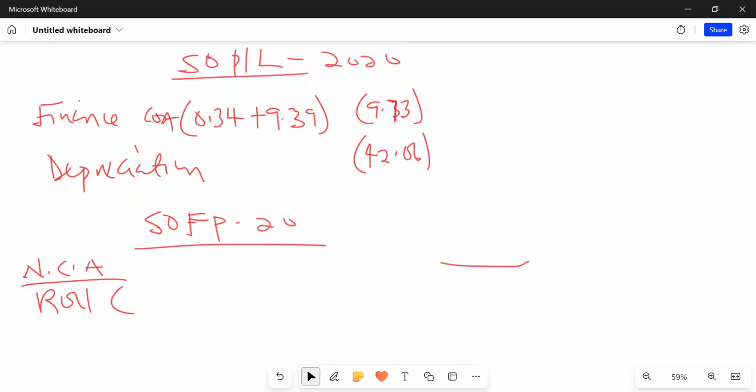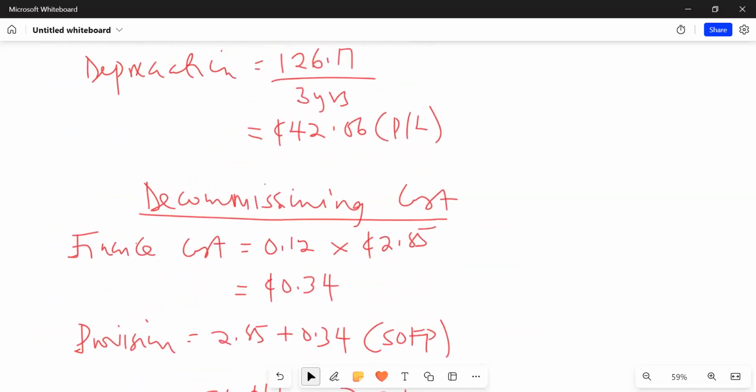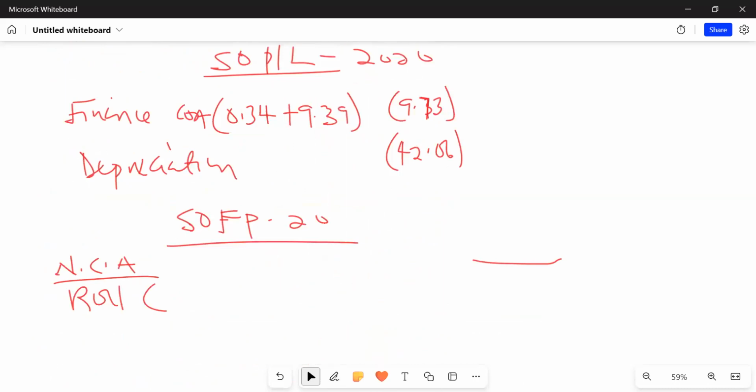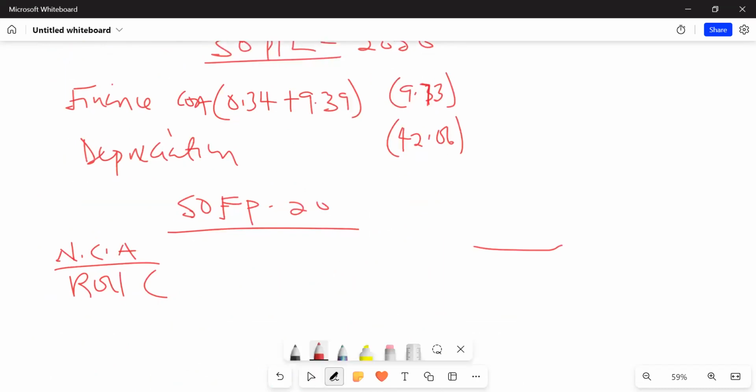The initial value was 126.17 minus 42.06. So the asset will be shown at its carrying value.